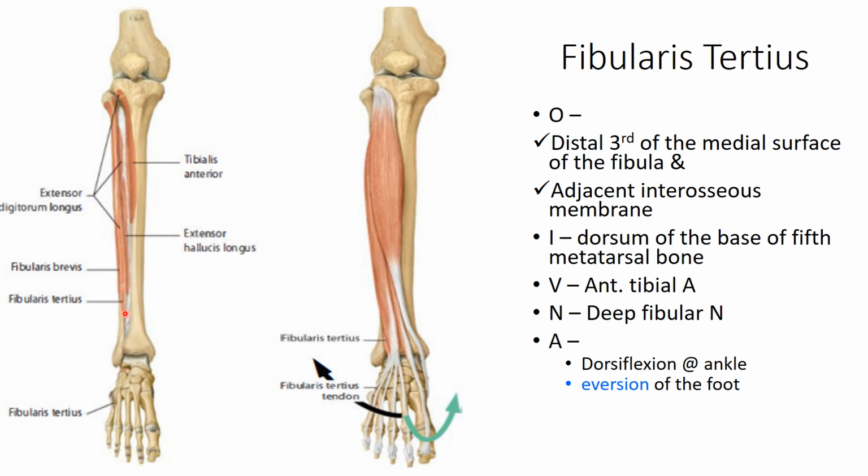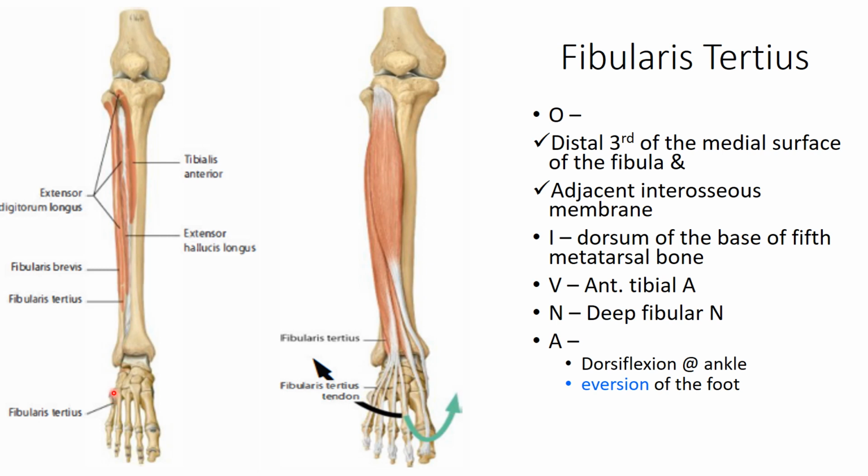This muscle arises from the distal third of the medial surface of the fibula and the adjacent part of the interosseous membrane, and it goes along with the extensor digitorum longus tendons, sharing the same synovial sheath, and it passes through the extensor retinaculum, and then it inserts into the dorsum of the base of the fifth metatarsal bone.